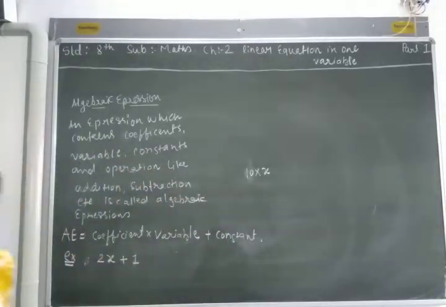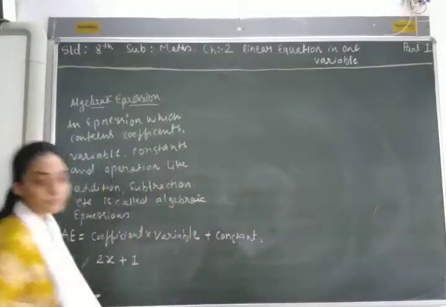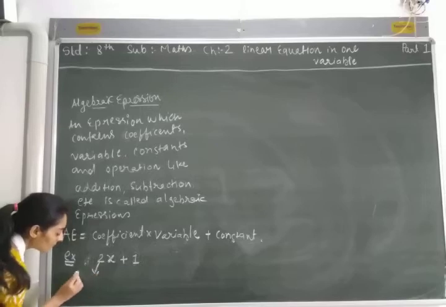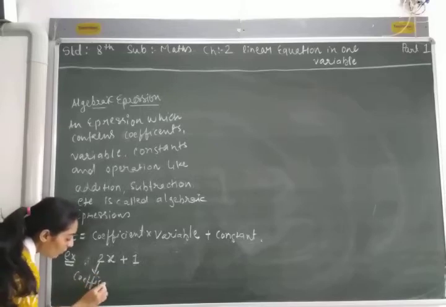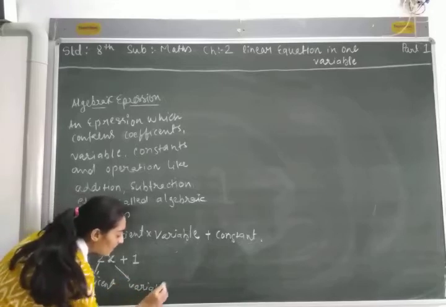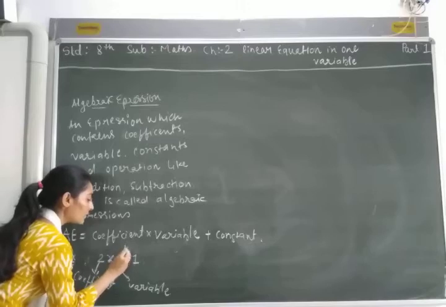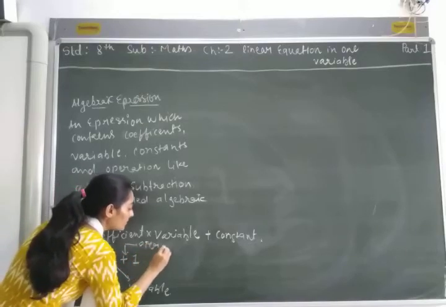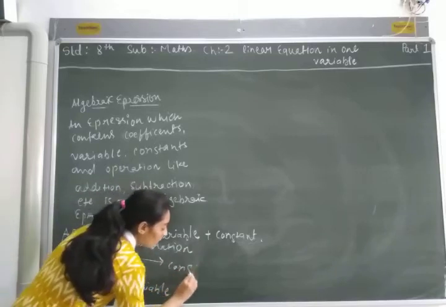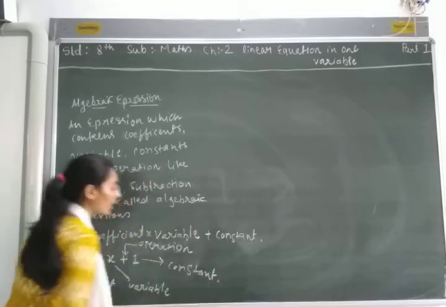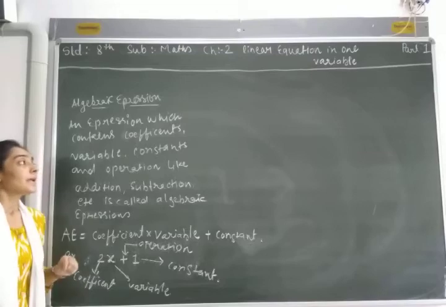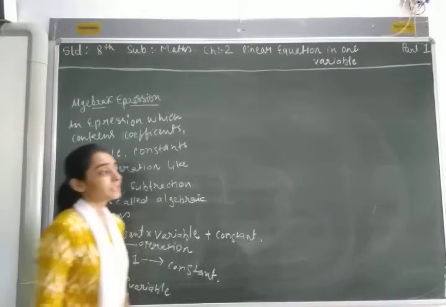Similarly over here, this x is my variable, 2 is the coefficient, this one is the operation and this one is the constant. So the combination of all these four, we get one algebraic expression.